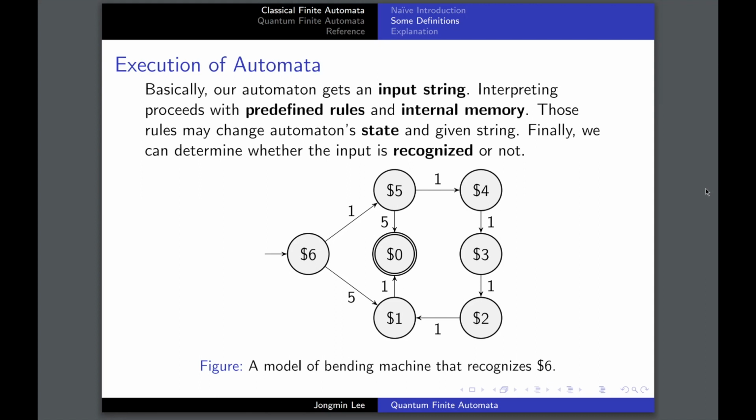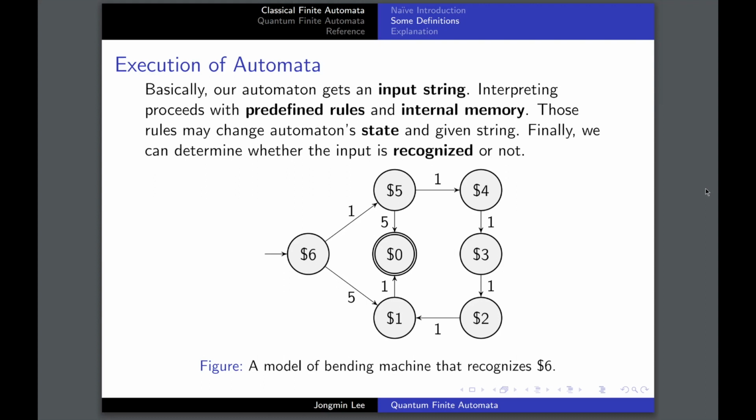There are some rules and internal memory, and it will change the automaton state given the string, and finally the input string will be recognized or not. We call it accepted if it is recognized, and rejected if it is not recognized.